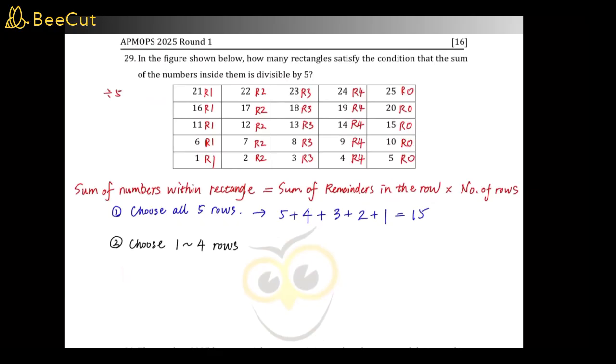So for numbers in the row, if you're just choosing one number, you must select the number from R0 from this column. If you're choosing two numbers, you can choose these two columns.